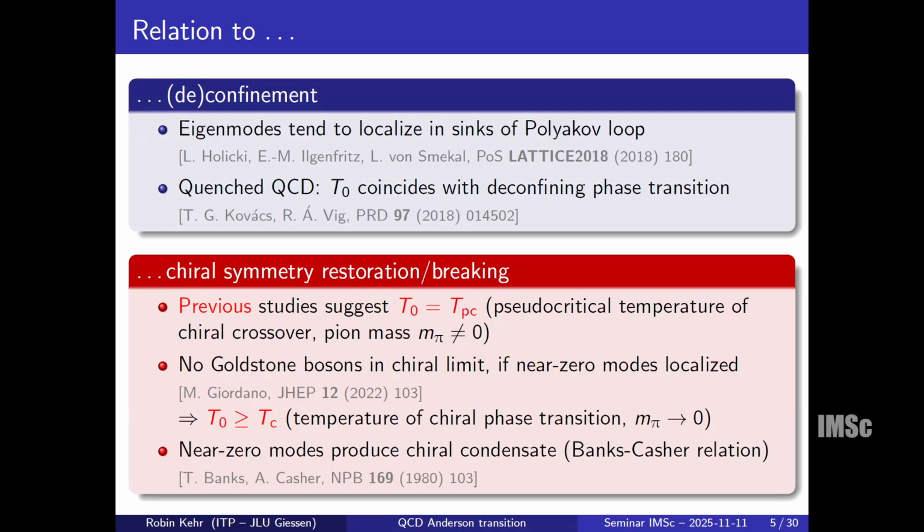Otherwise, it is very difficult to physically argue what this new temperature is for. Okay, I know what you mean. Yeah. So that's why the previous study suggests that it coincides, but then we found in our work, which we will later see, that it may not be the case.